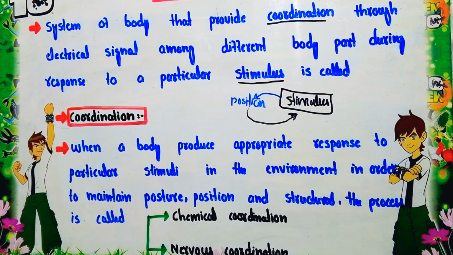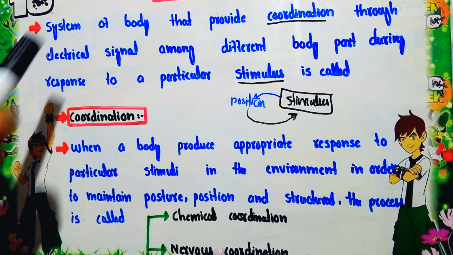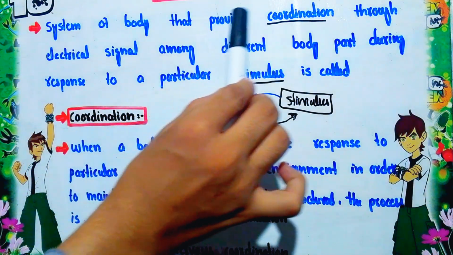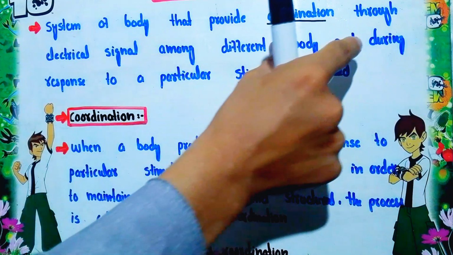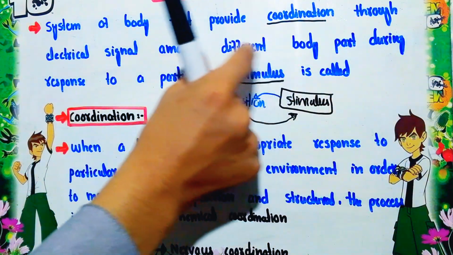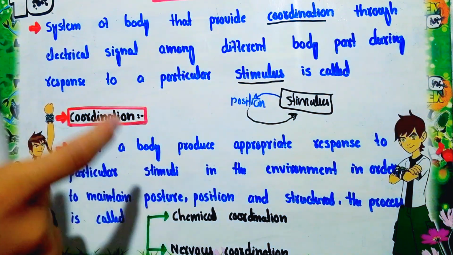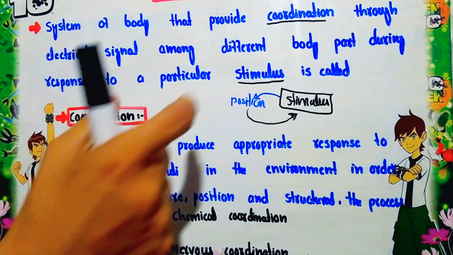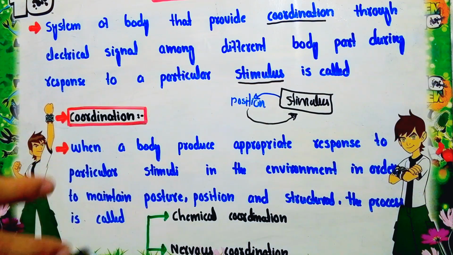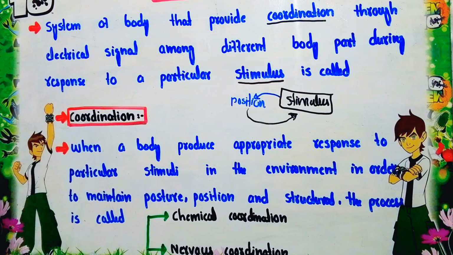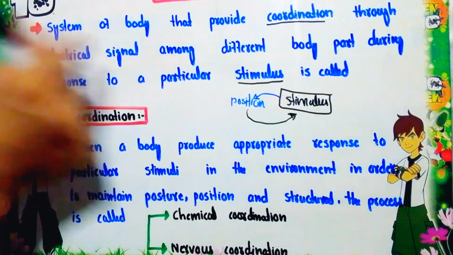After understanding stimulus and coordination, now we will define what the nervous system is. Basically, it is the system of the body that provides coordination through electrical signals among different body parts. When a stimulus occurs in the environment, the body provides a response against the stimulus. Coordination is developed between the various body parts, and in the nervous system this coordination occurs through electrical signals.